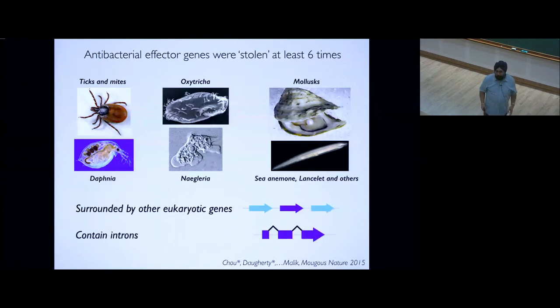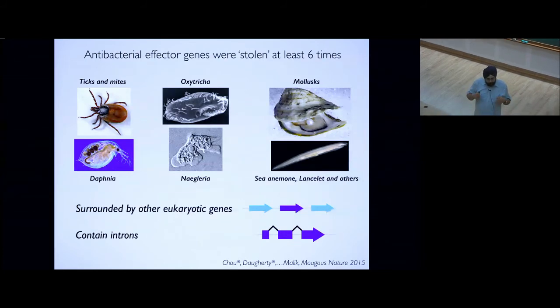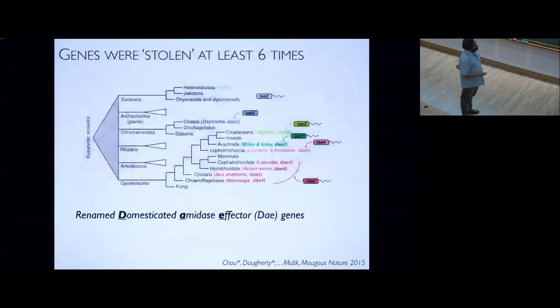More impressive is they contain introns. Now, there are almost no bacteria that contain introns. So if this gene contains introns, that's a really, really good sign that it is bona fide eukaryotic. And so all of these contain introns, which have probably been acquired after the horizontal gene transfer.